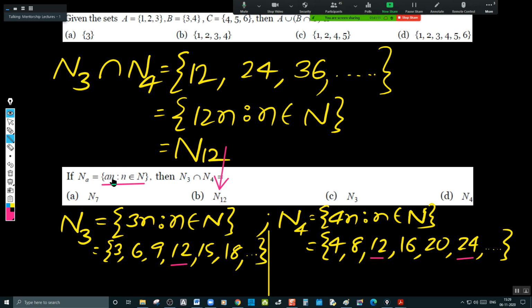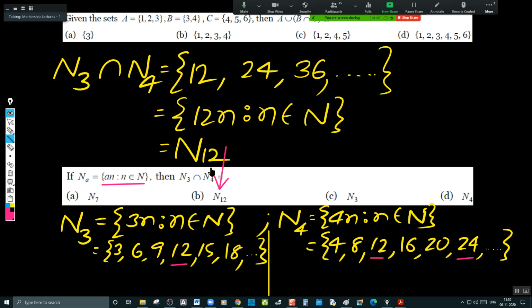So that 12 is nothing but a value. So I wrote it as 12n, and I replaced 1, 2, 3, and so on as n belongs to N. That is, I wrote it in roster form, converted to set notation form, set builder form, or rule form. The above one is roster form. This one is set builder form. That's the difference.